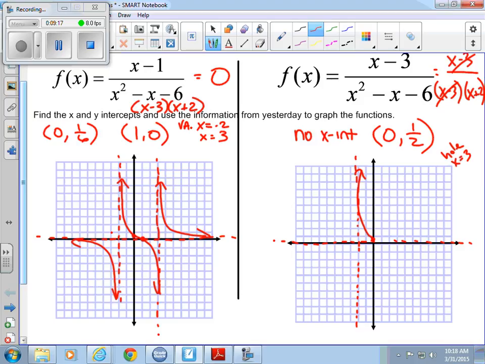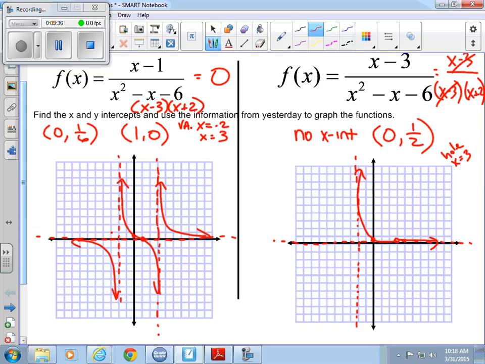If you look at the calculator sketch, it looks like this, except I'm going to put a hole in it. You see where I just drew that little hole there? At 3, I'm going to indicate that there's a hole there. Your calculator's not going to do that. I want to see that you know there's a hole there.